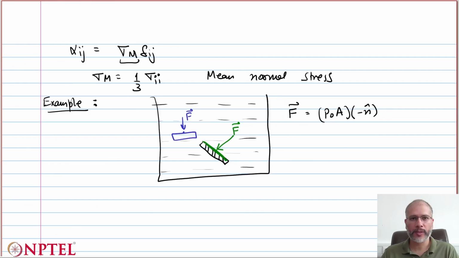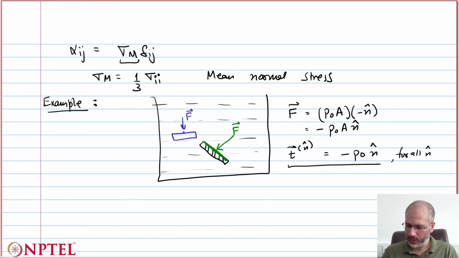So pressure always applies a force which is normal to the surface. This is something we know as well. So let's express this as minus P naught times A times n hat. So what's the traction here? Well, the traction is simply minus P naught times n hat, because when you multiply the traction by the area A, you get the force. So this is true for all n hats. That's very important.